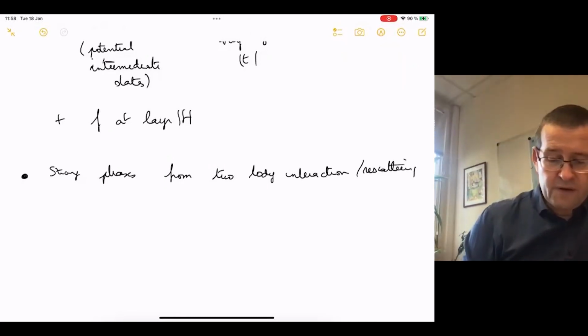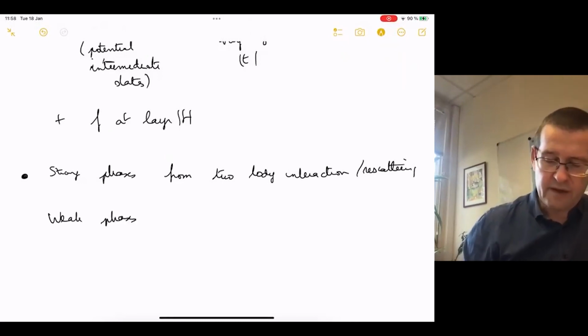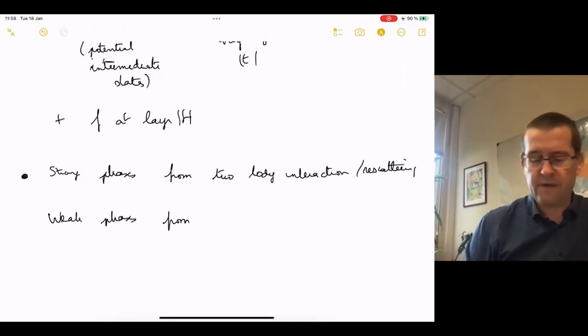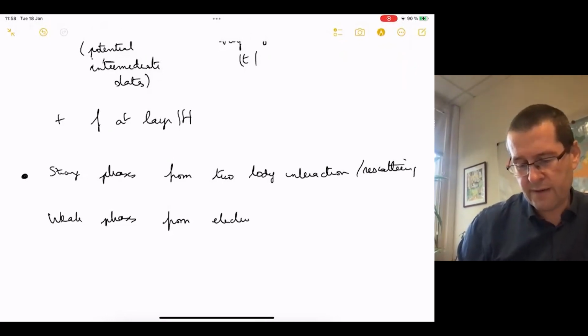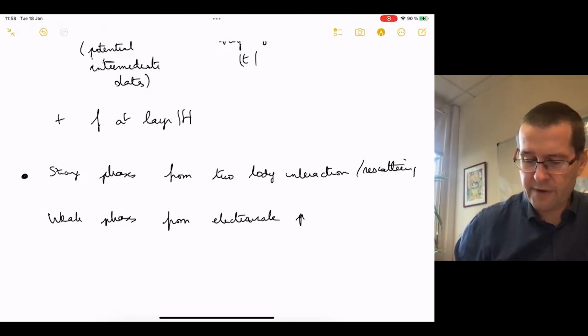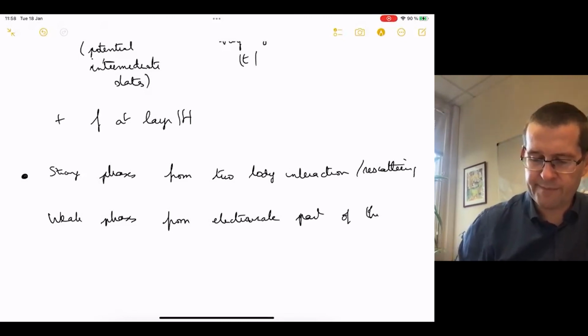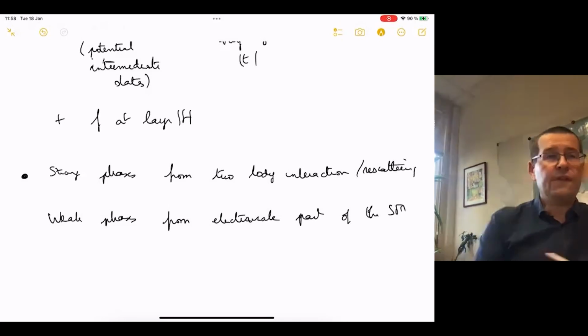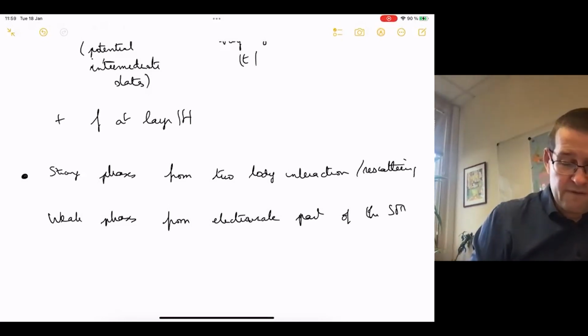We discussed already weak phases coming from the electroweak part of the Standard Model. And so you see that their origins are very different.